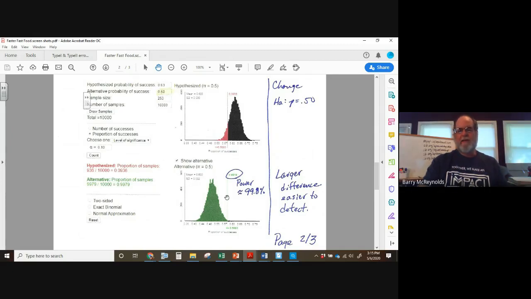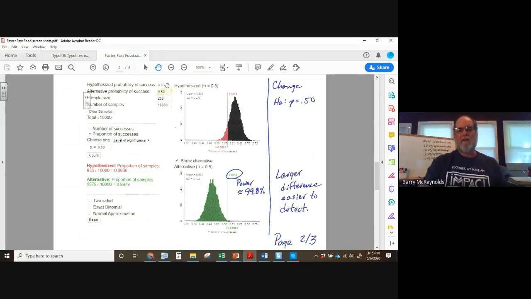In that case, the power goes way, way up, because we're able to see the bigger difference between 0.63 and 0.50.